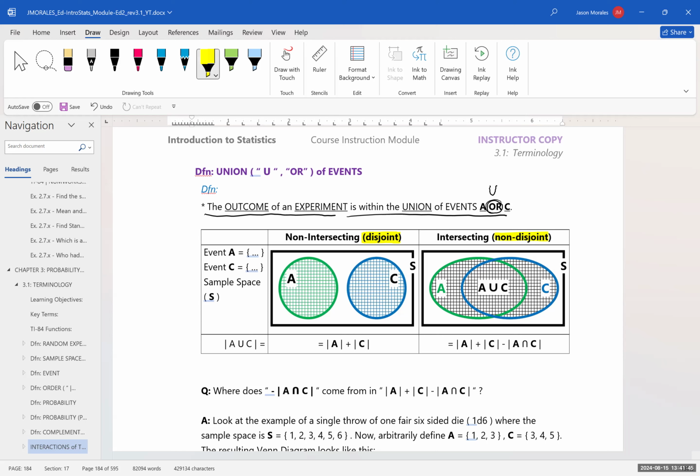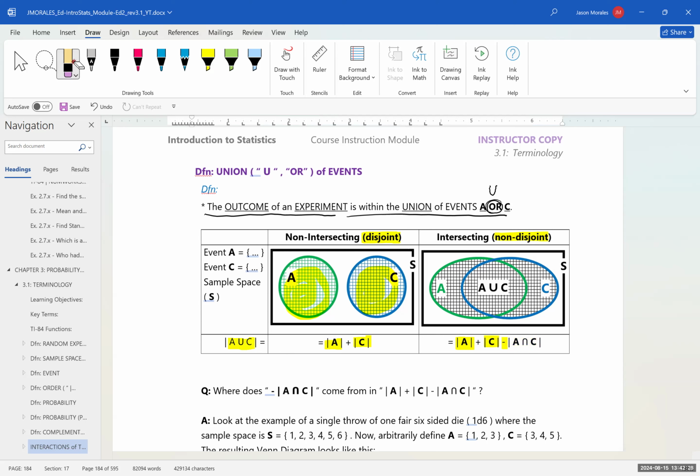If we're calculating the order of the union of events A and C, for disjoint events it's going to be the order of A plus the order of C, so the number of elements in A plus the number of elements in C. If A and C are not disjoint, meaning there is some overlap, then the order of their union is going to be the order of A plus the order of C minus the order of the intersection.